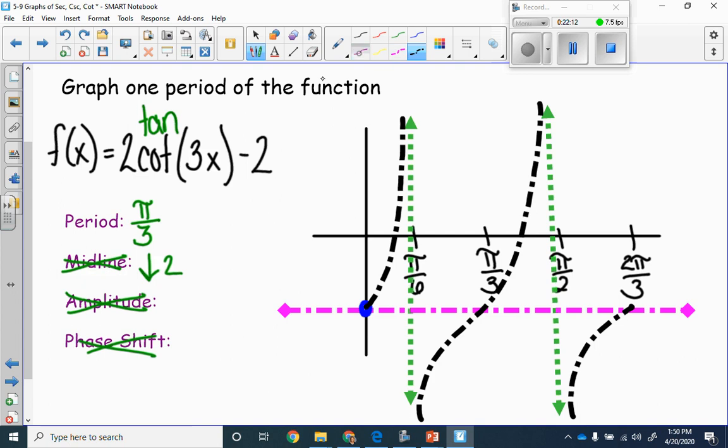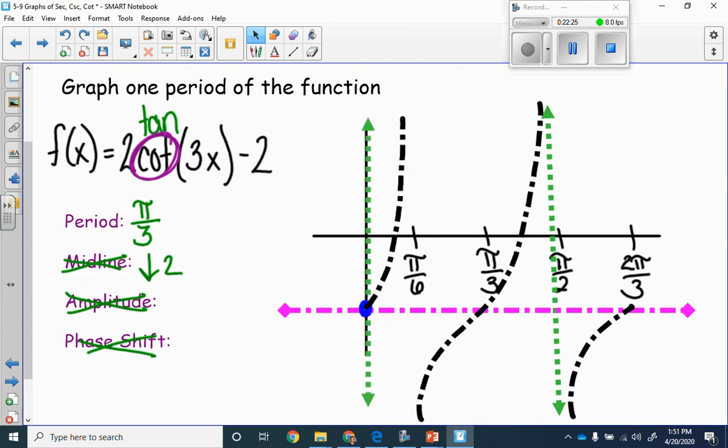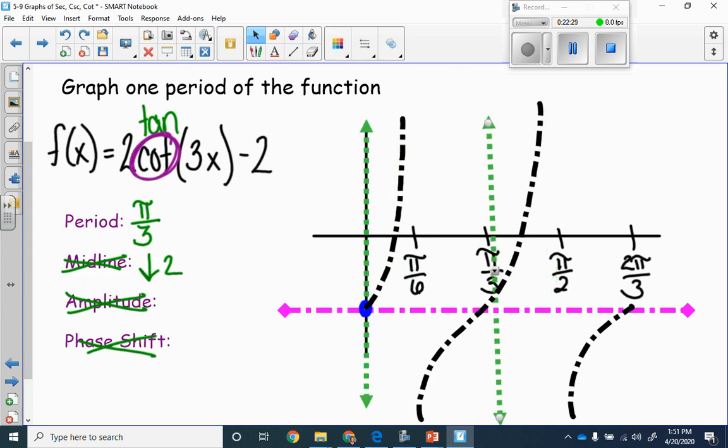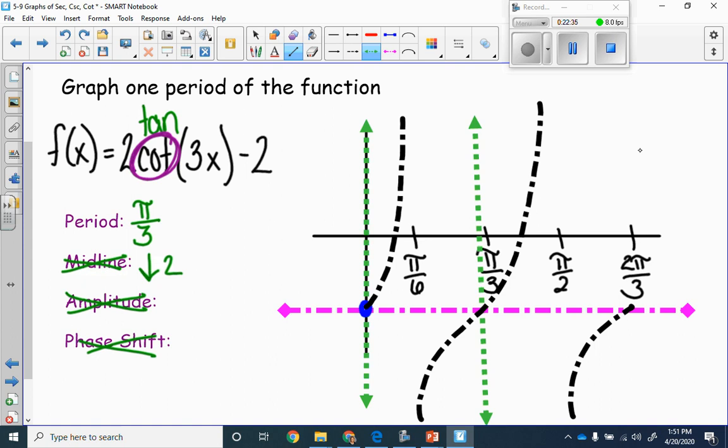Now since we want to do cotangent, alright, so now everything kind of changes. Now your vertical asymptotes are going to happen where your tangent function crosses over. Again, I like to use that word midline, but that is where your new asymptotes are going to be taking place.